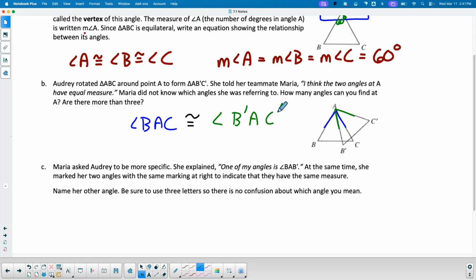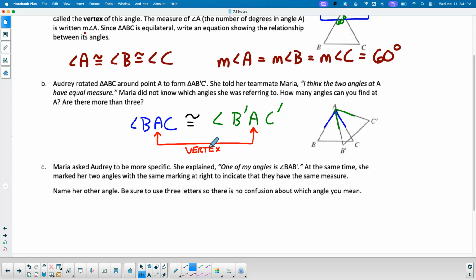How we 3-letter name an angle is the middle letter is the vertex. Okay? It's the point of the angle. So that middle letter is the vertex. The other 2 letters are points that are on those rays on the sides of the angle.